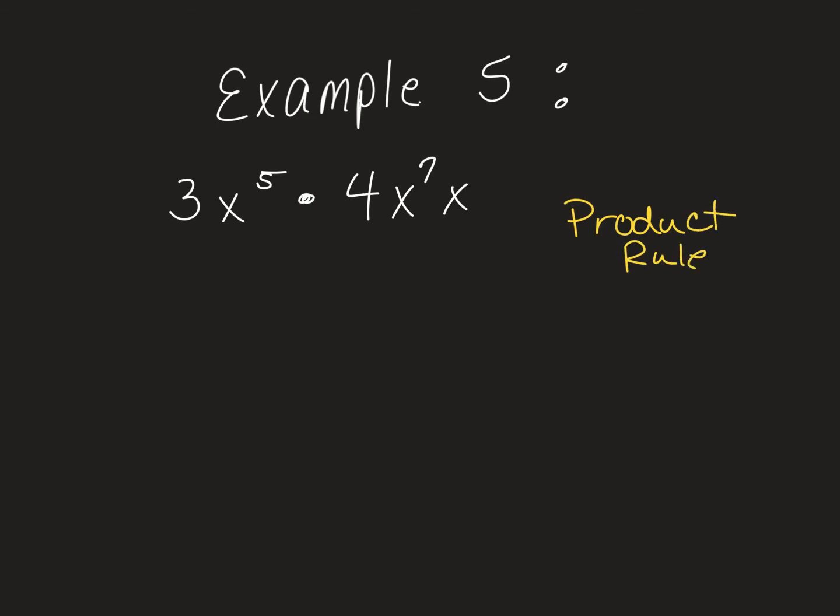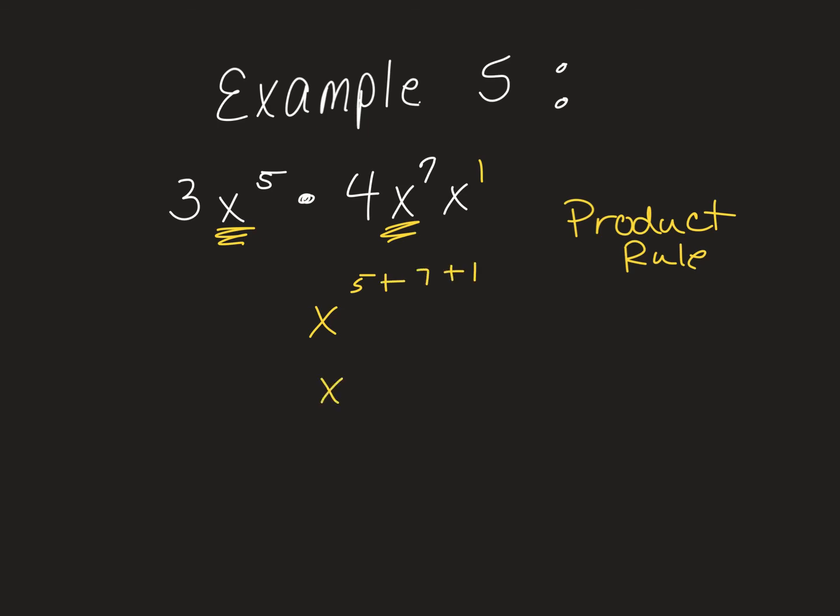And I'm going to go ahead and just deal with the x's first. So this means that I'm multiplying x by itself 5 times. I'm multiplying x by itself 7 times. And then whenever there is no exponent, there's technically a 1 there. So the x is going to stay the same, and I'm going to add those exponents together.